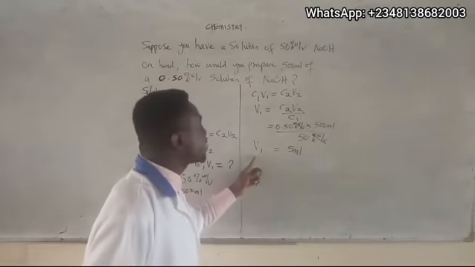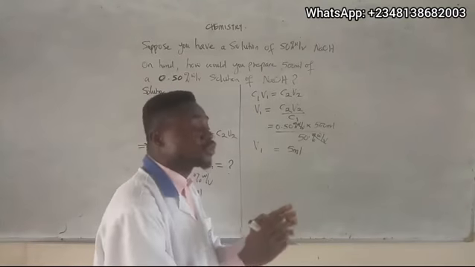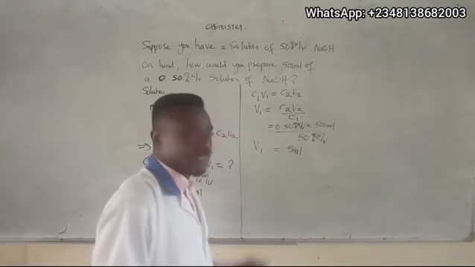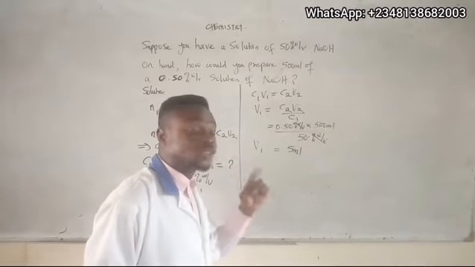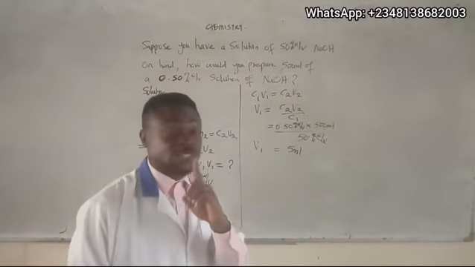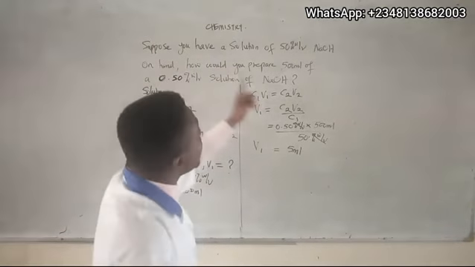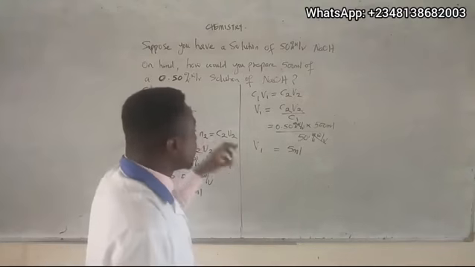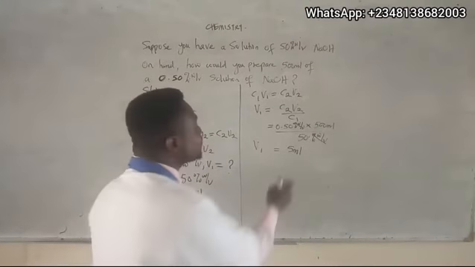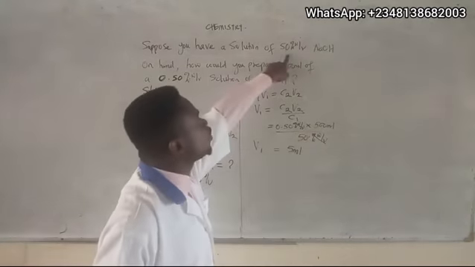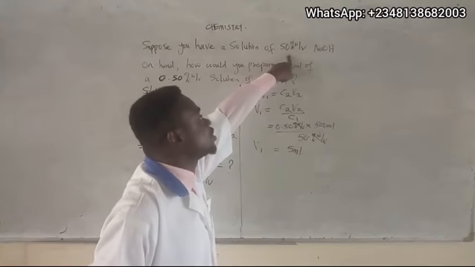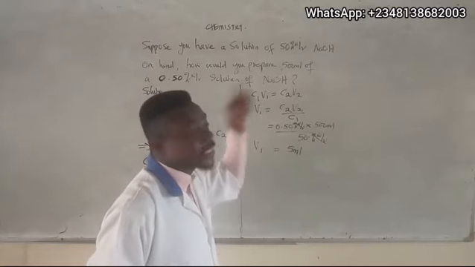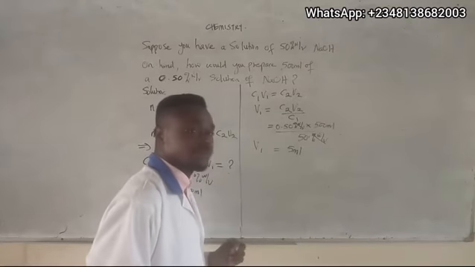What this implies is that the volume of the stock solution you will take and dilute is 5 ml. Remember the question says, suppose you have this solution, how will you prepare it? So this is how you prepare it. From that stock solution, which has a concentration of 50% weight per volume, you take 5 ml of that sodium hydroxide stock solution.